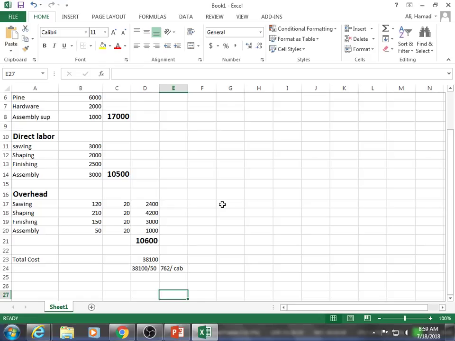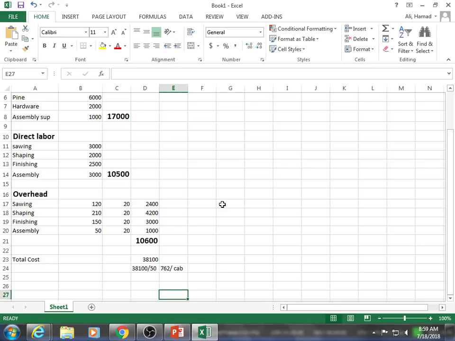This is a job order costing example. I try to choose a very easy example here. It can be a little bit more complicated if you purchase the raw material and divide the whole product into different jobs, and some material goes to this job, some material goes to that job.